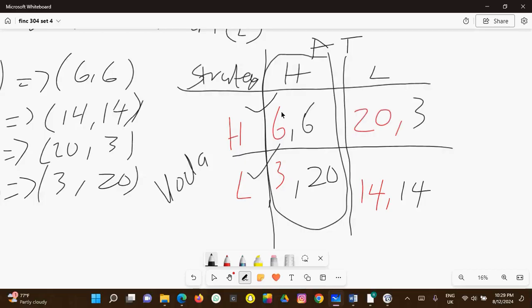So we check the high and low, the highest profit for Vodafone. Then we choose that one, right? Then if Ethel Tigo decides to choose low here, Vodafone has the chance to either choose high or low. So we check between Vodafone's profit high and low and see which one is higher. Then we select that one.